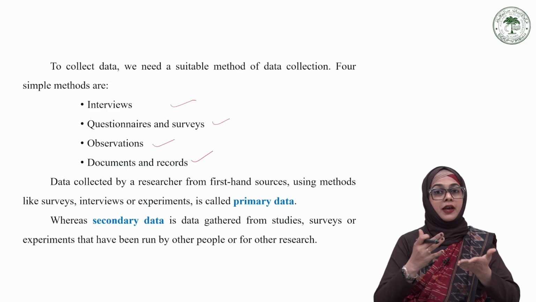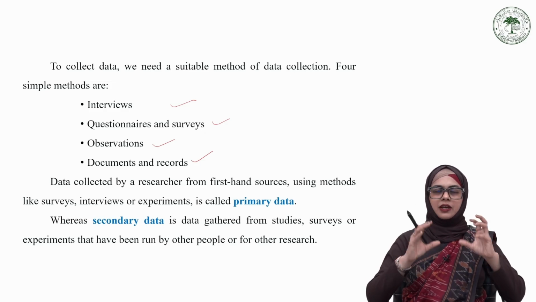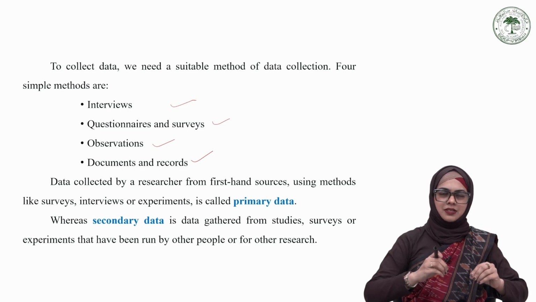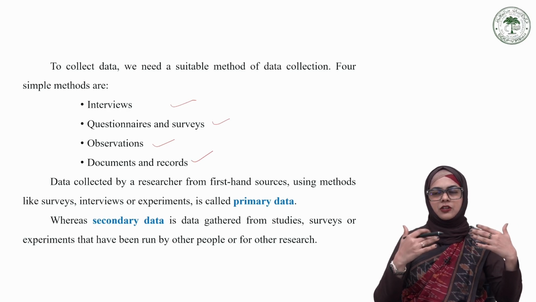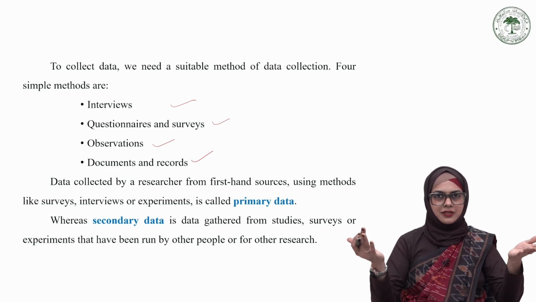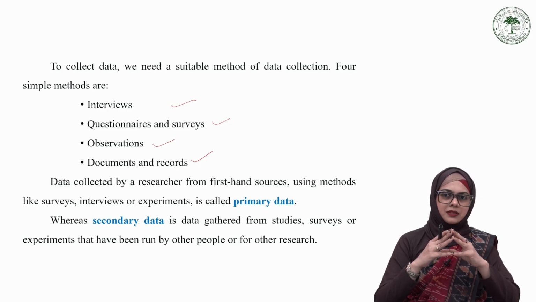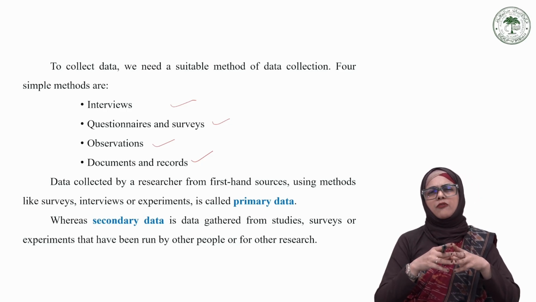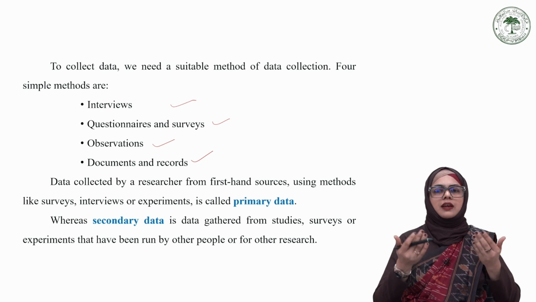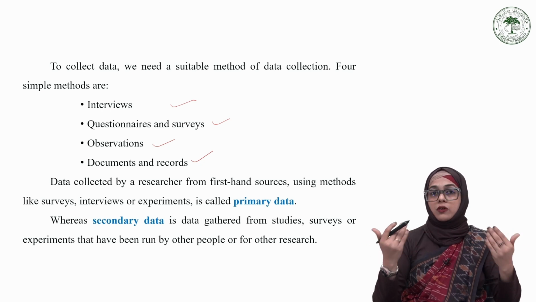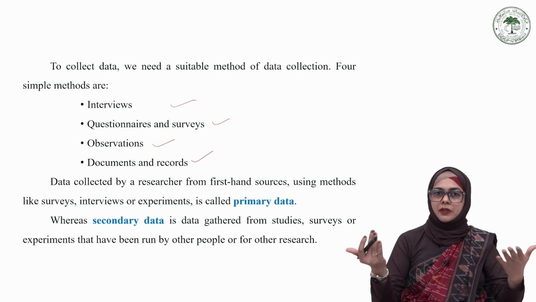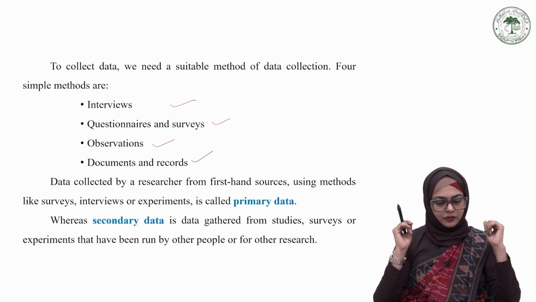Of course, it will be reliable and accurate, and because you're collecting data in real time, you can easily generalize the findings based on that primary data. But of course, there is some limitation also: collecting data could take a very long time, depending on the sample that you're collecting from.